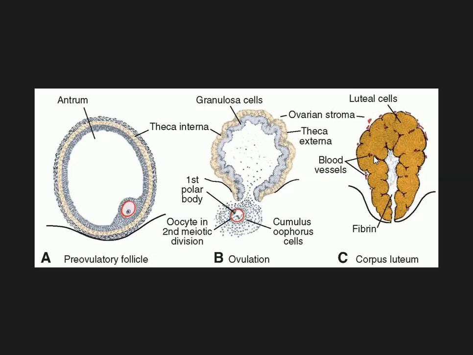Albicans means white body. But if the ovum is fertilized and pregnancy results, the corpus luteum persists for 3 to 4 months. This is larger than the corpus luteum of menstruation and is called the corpus luteum of pregnancy. It may occupy one-third to half the total volume of the ovary.